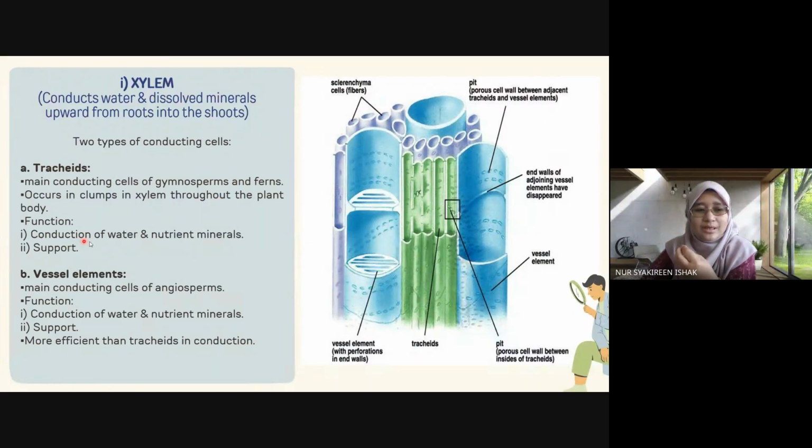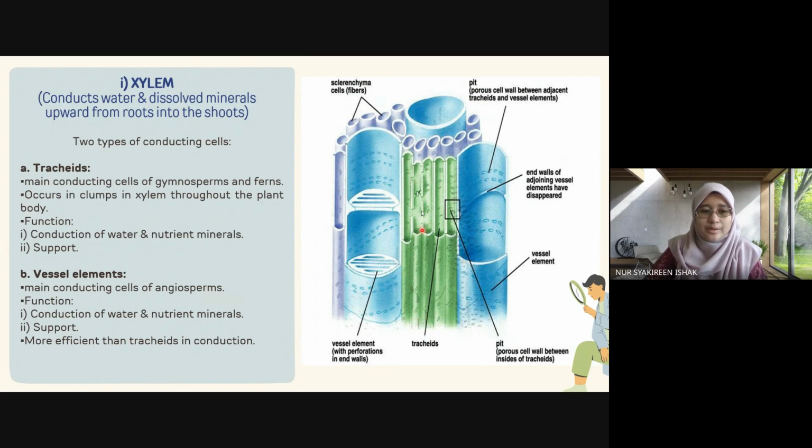Their function is conduction of water and nutrient minerals, and they also provide support. So these are the tracheids, the green structure here, the main conducting cells in gymnosperms and ferns.